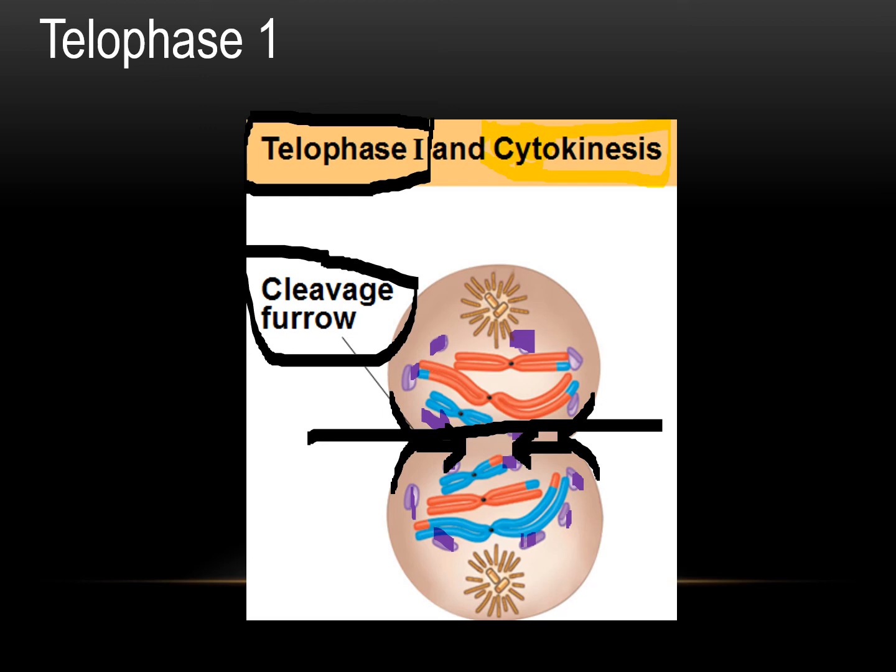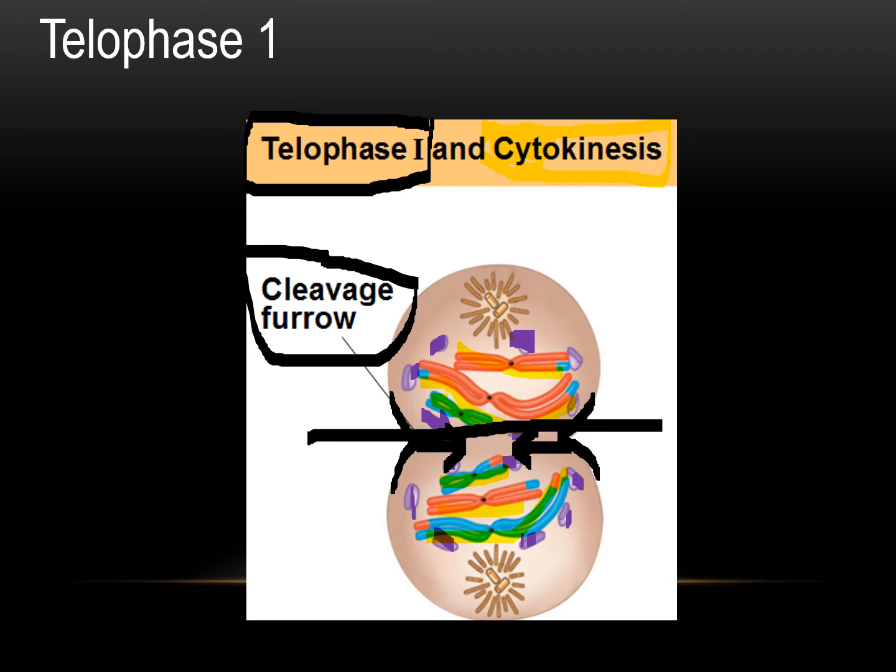Notice that each cell that is formed has 3 chromosomes. 1, 2, 3. And in the top cell, 1, 2, 3. So we have now halved our chromosome number. We have gone from diploid to haploid.